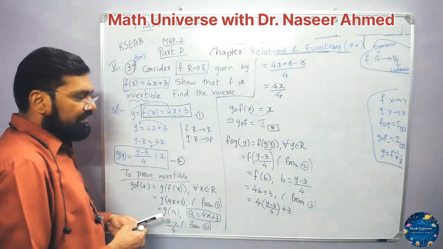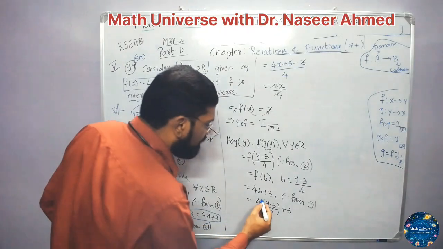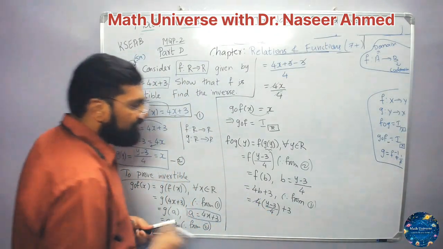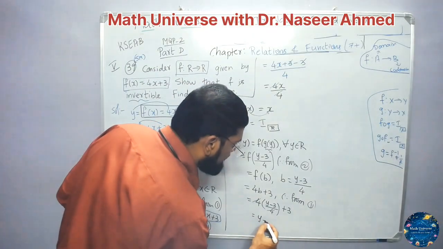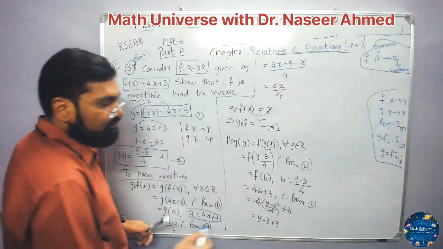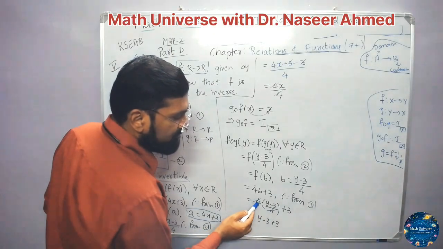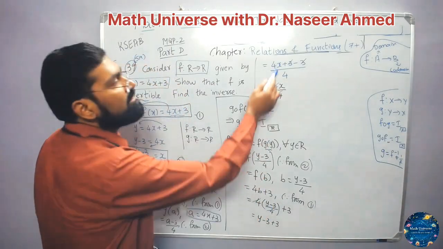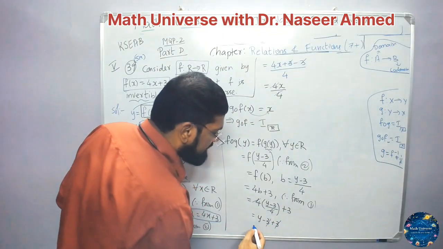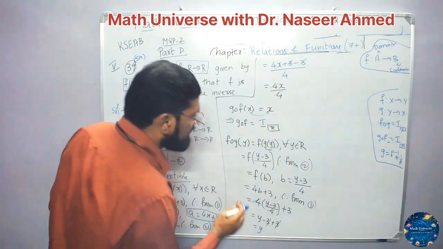Some of the things will get cancelled. Can you see 4 by 4? Both will get cancelled. So we are left with Y minus 3 plus 3. Again, see now in this case I was able to cancel 4 by 4 because 4 is common for these two terms, which was not the case here. Okay. Now minus 3 plus 3 are getting cancelled. I'll get what? Y. What is the left hand side?